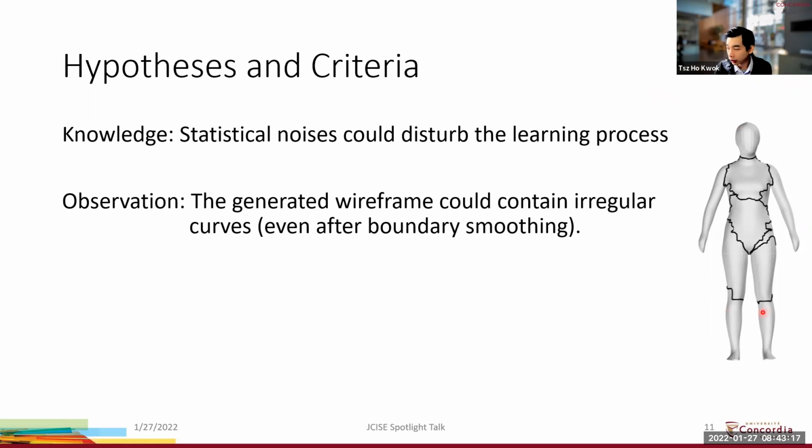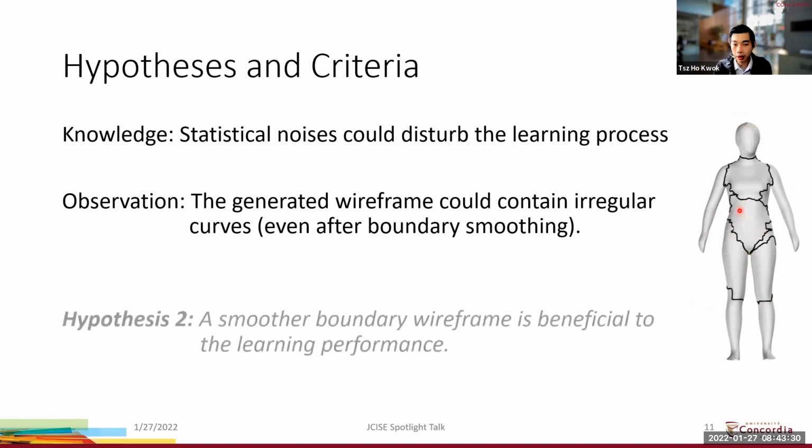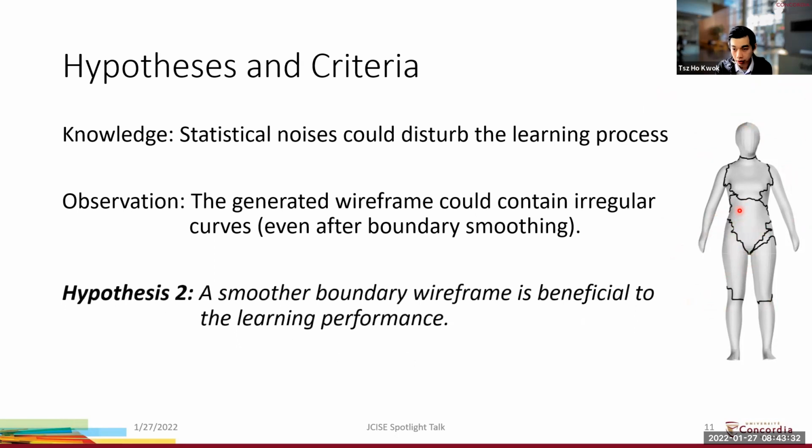For example, if the clustering is like this and you finally get a wireframe like this, it is totally irregular, and you can treat it as noise, like the statistical noise that we normally see. So we make our second hypothesis: if the segmentation gives a smoother boundary wireframe, it is beneficial and will improve the learning performance.